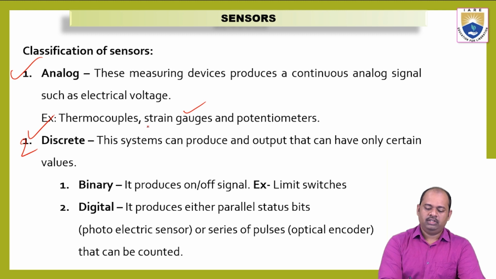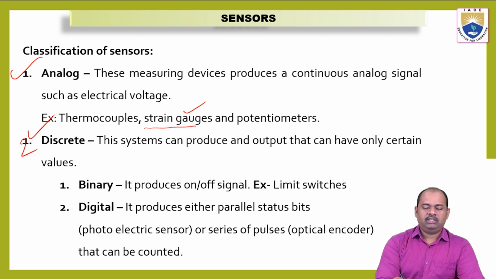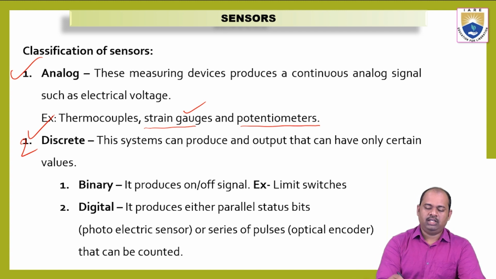Strain gauges are very important because they can measure the strain with which we can calculate the stress in a body. Okay, and then the potentiometer is another important device which can measure the position of the machine. It can calculate how much rotation it has moved or how much distance it has moved. So the position can be measured with the help of a potentiometer.